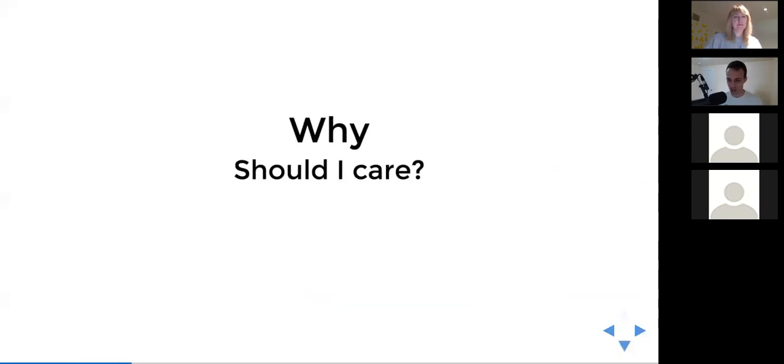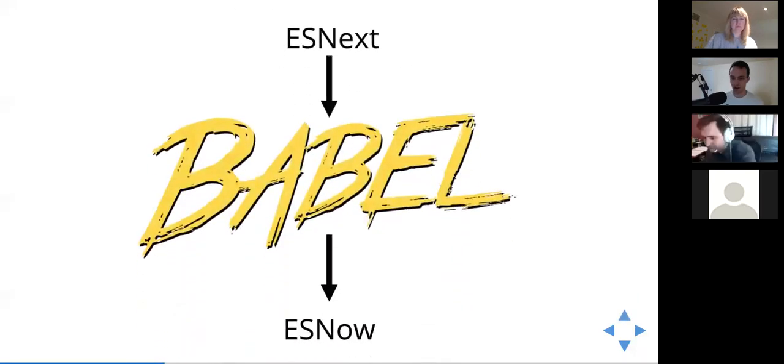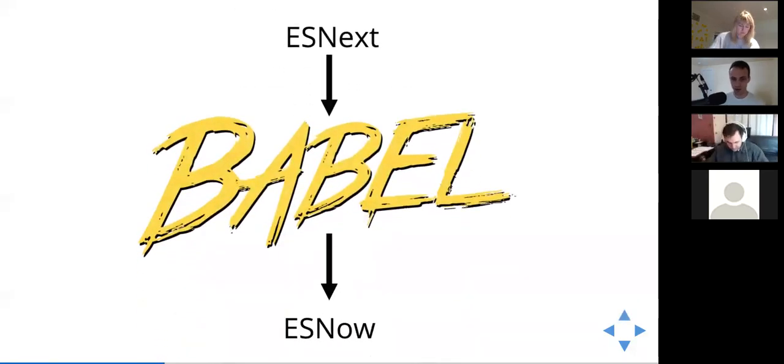So let's start with why. Why should we care about ASTs? Well, ASTs are what power Babel. So does anybody use Babel around here? Babel or TypeScript or even CoffeeScript, the good old days, or even a preprocessor like PostCSS, or Handlebars or stuff like that.